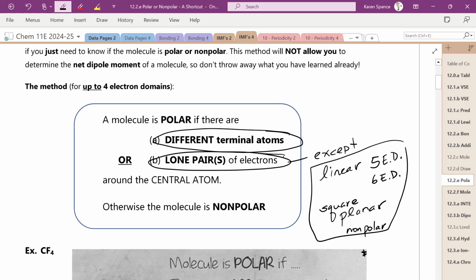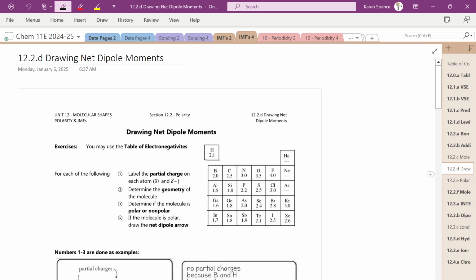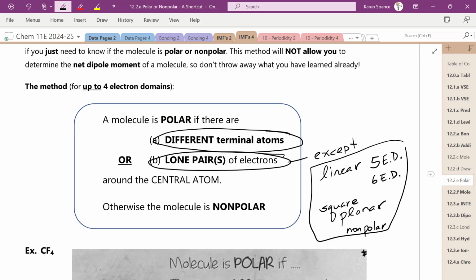And if you're really not getting it, you can learn to draw the net dipole moments. I can teach you if you would like. Or do you feel like your time would be better used doing some review? I feel like your time would be better used doing some review. Okay, good.